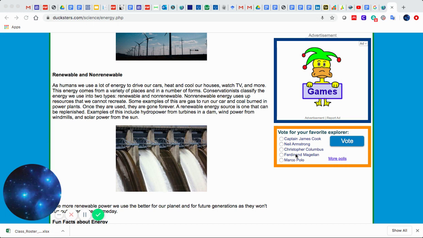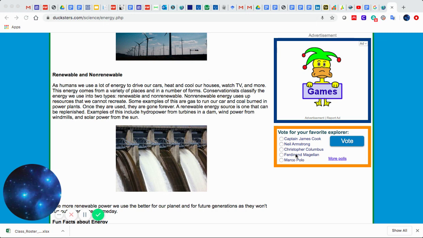As humans, we use a lot of energy to drive our cars, heat and cool our houses, watch TV, and more. This energy comes from a variety of places and in a number of forms. Conservationists classify the energy we use into two types: renewable and non-renewable. Non-renewable energy uses up resources that we cannot recreate.